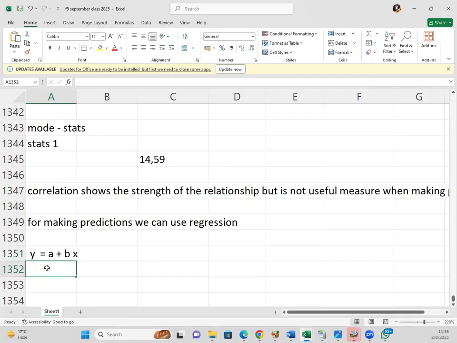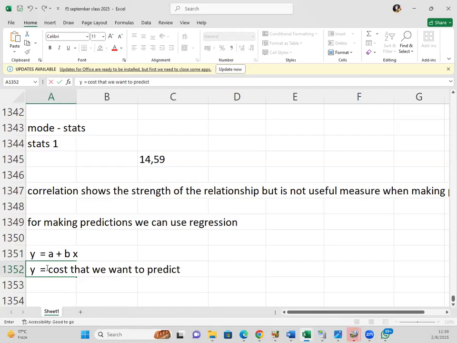Where in most cases, y could be what we want to predict, the cost that we want to predict. Then the A and the B we have to calculate.